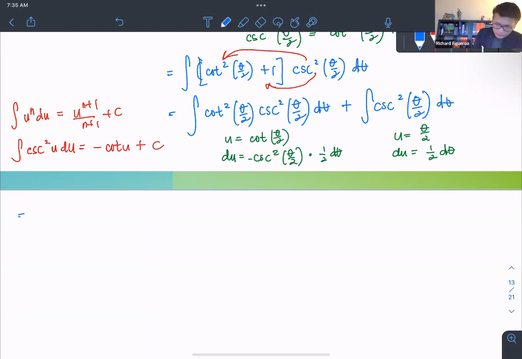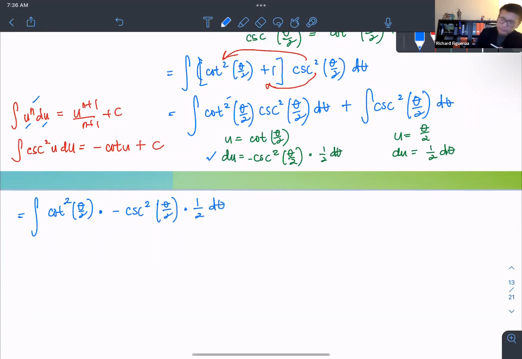So we use the formula. So u is cotangent theta all over 2. Our n is 2. du is this: negative cosecant squared theta all over 2 times 1/2 d theta.